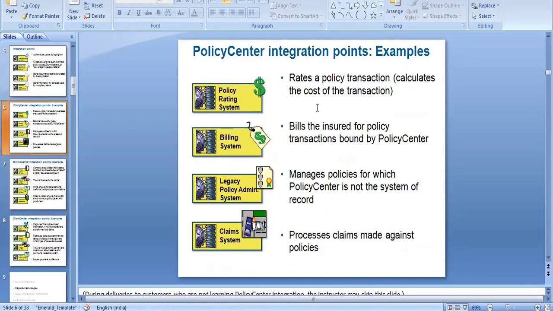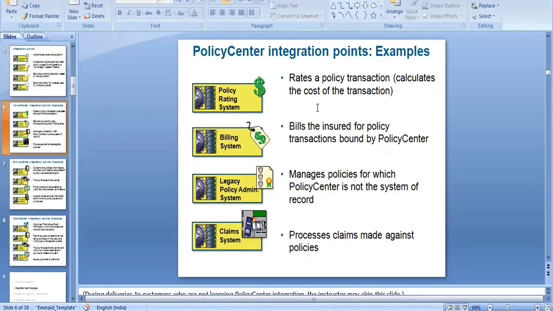For Policy Center we have multiple integrations, like the policy rating system. What is the rating system? When someone enters the policy data, it will calculate what the premium amount should be based on certain factors.